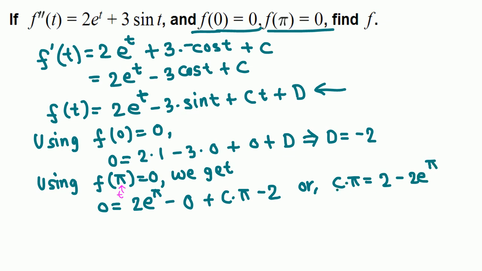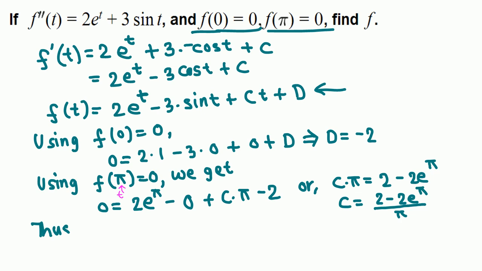Now to isolate c, the constant we are looking for, divide by pi, so c equals 2 minus 2e^pi, everything divided by pi. So c is a big constant and d is -2.